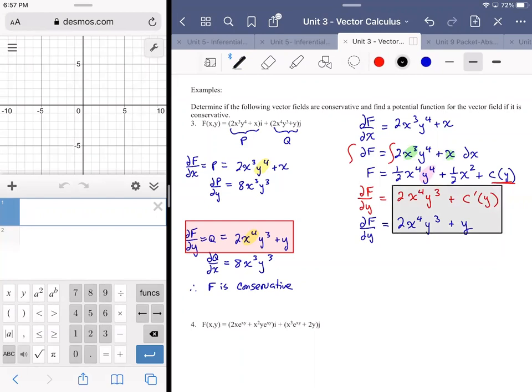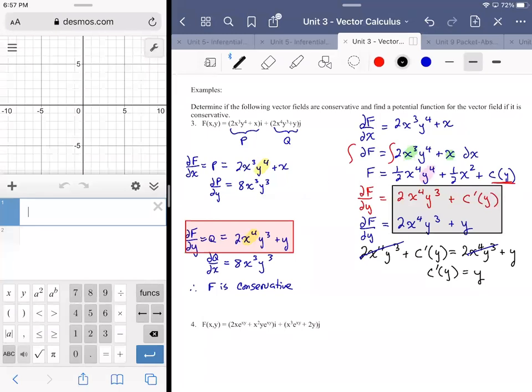All right? Because I can now say that 2x to the fourth y to the third plus c prime of y is equal to 2x to the fourth y to the third plus y. Cancel, cancel. And now I have c prime of y is equal to y. Again, I need c of y, but I have c prime of y. All right.